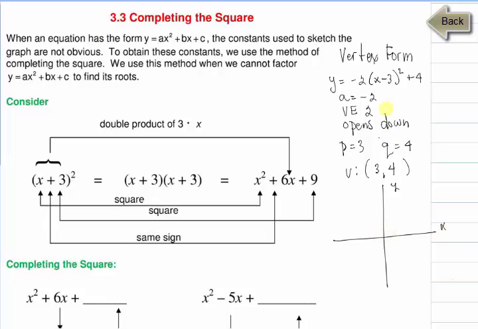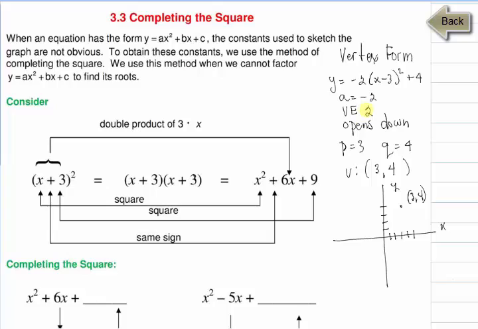Okay, so we'll start by plotting our vertex, which is right here. We know our parabola is going to open down, so it's going to go in this direction.